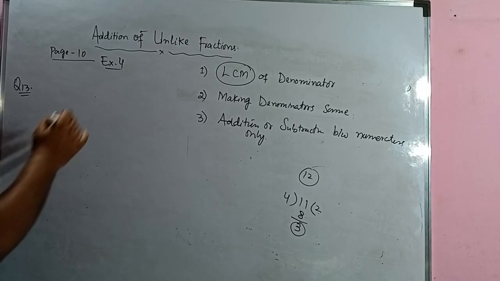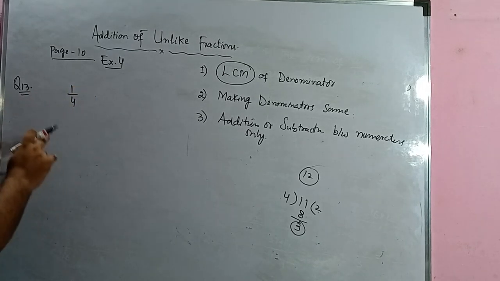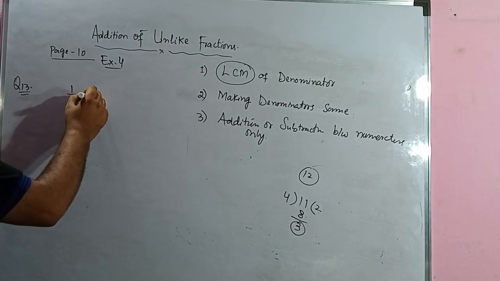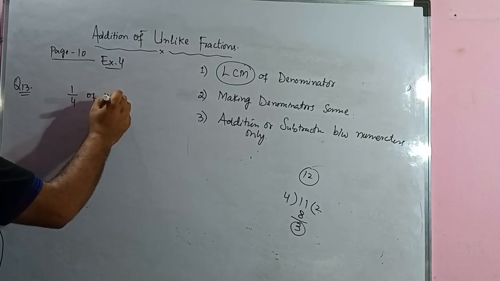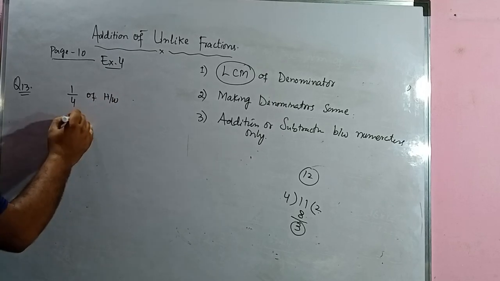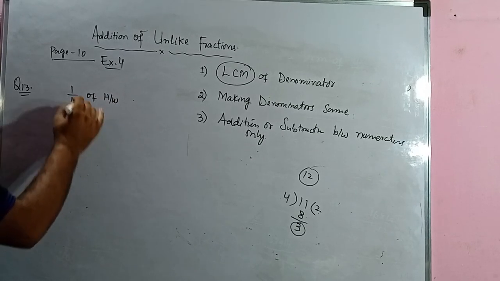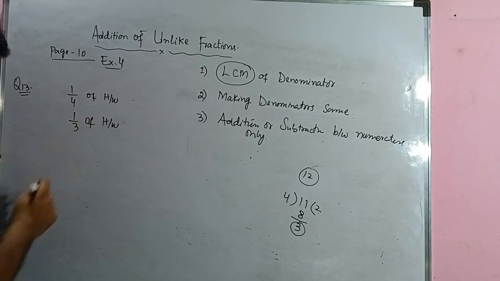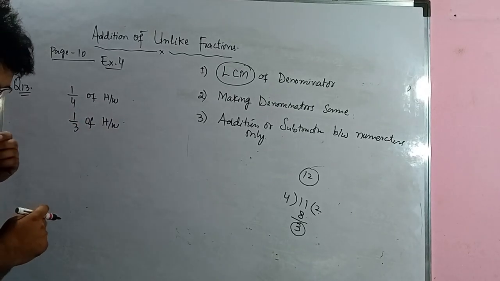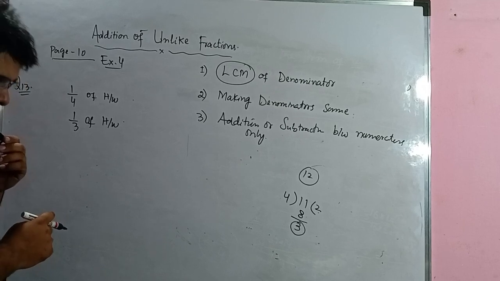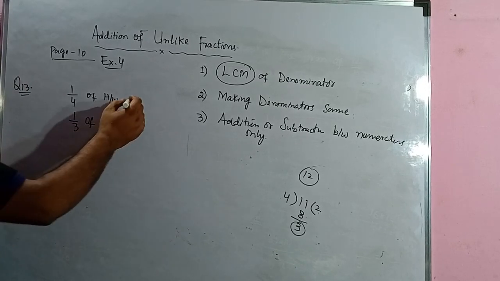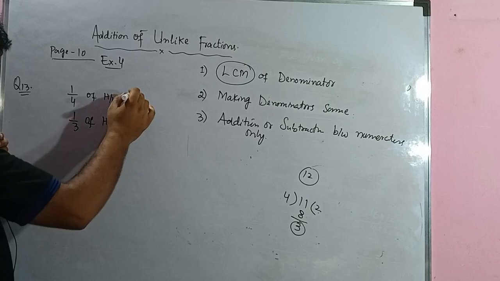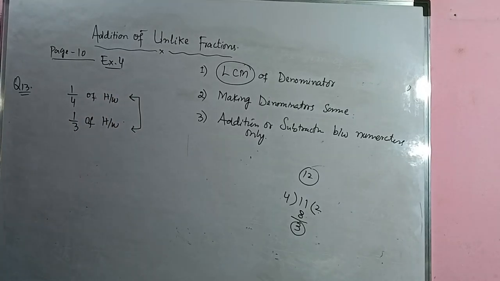She does 1/4, 1 by 4, of her homework before dinner, and 1/3 of her homework after dinner. The question is asking what fraction of her homework remains undone.